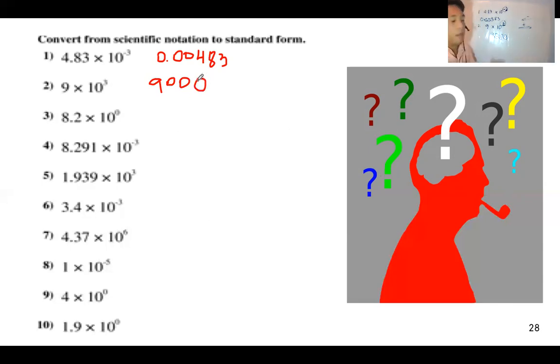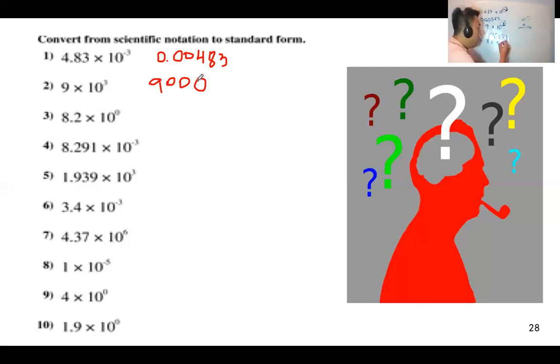Ayan. Number 3. Our number 3 is 8.2 multiplied by 10 raised to 0. Again, just what I've said sa ating first session, if we have an exponent of 0, we can neglect this one.